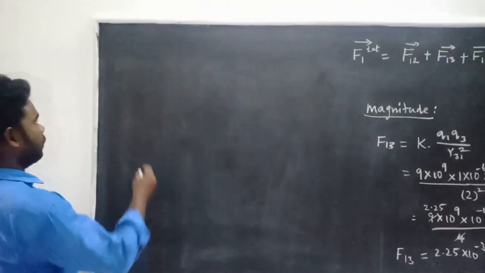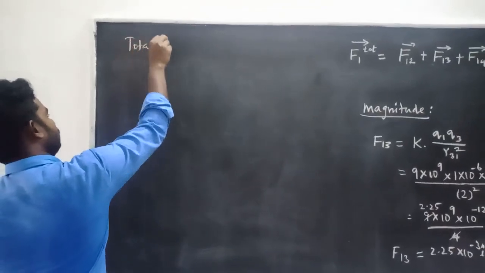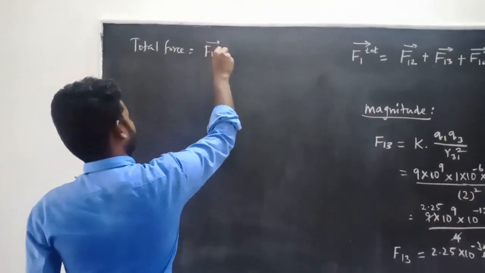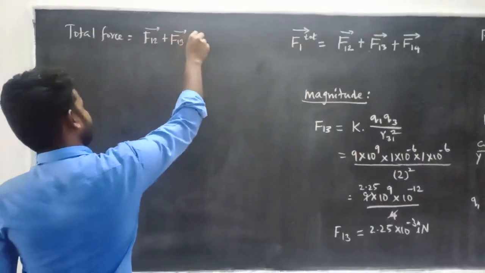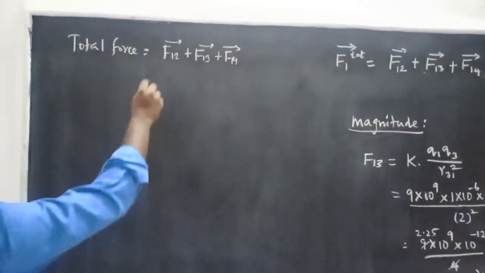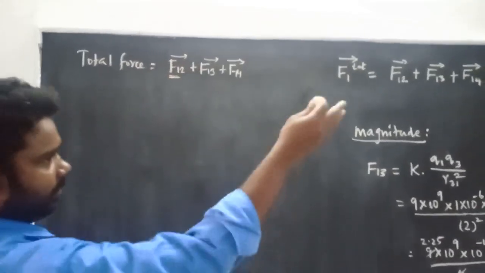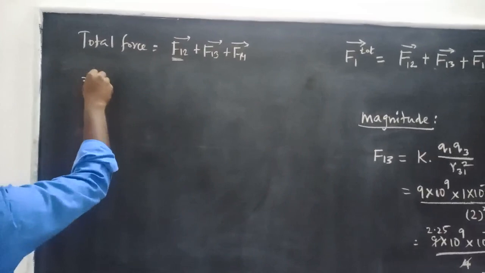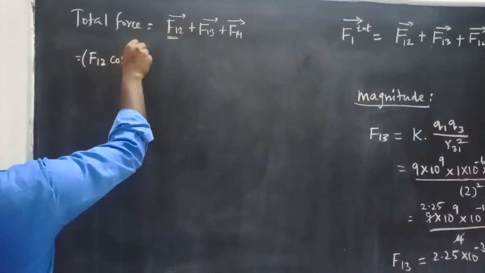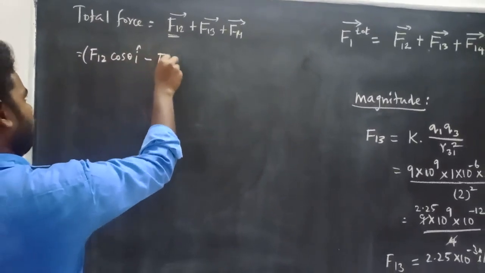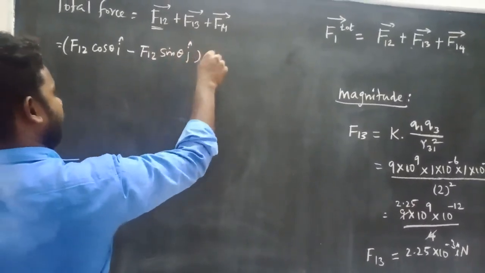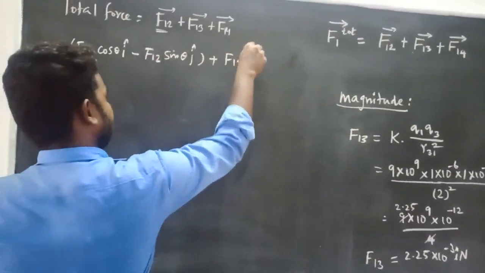So now we are going to find the total force. Total force is equal to F12 vector plus F13 vector plus F14 vector. So here the value of F12 vector is F12 cos theta i cap minus F12 sin theta j cap, plus F13 i cap.